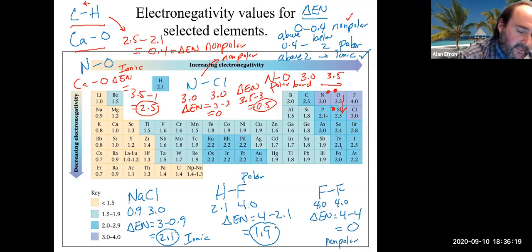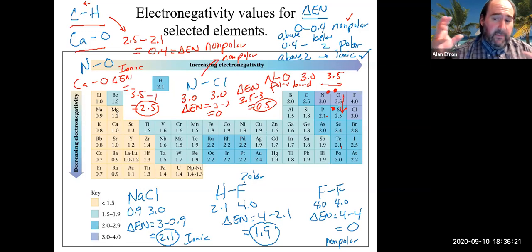But in a lot of cases, you can almost just look at the periodic table and make a reasonable guess as to whether you would expect something to be polar or nonpolar. And in terms of ionic, you don't even really need it at all. Like I mentioned several times, you could just say metal, nonmetal, check the ionic box and move on.